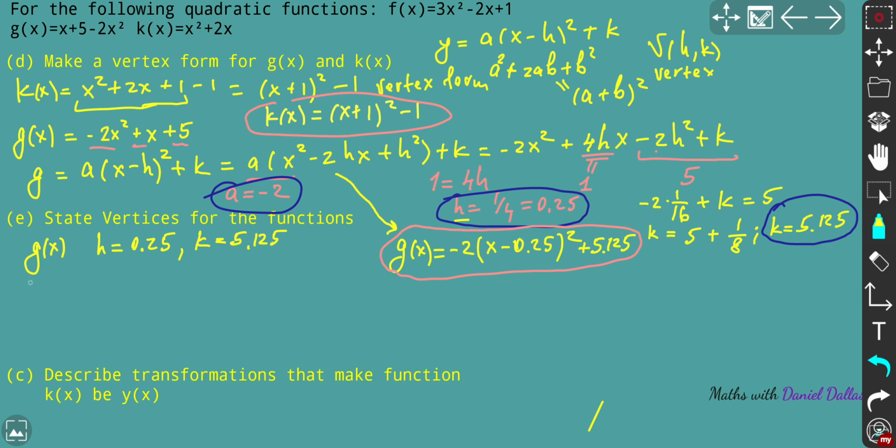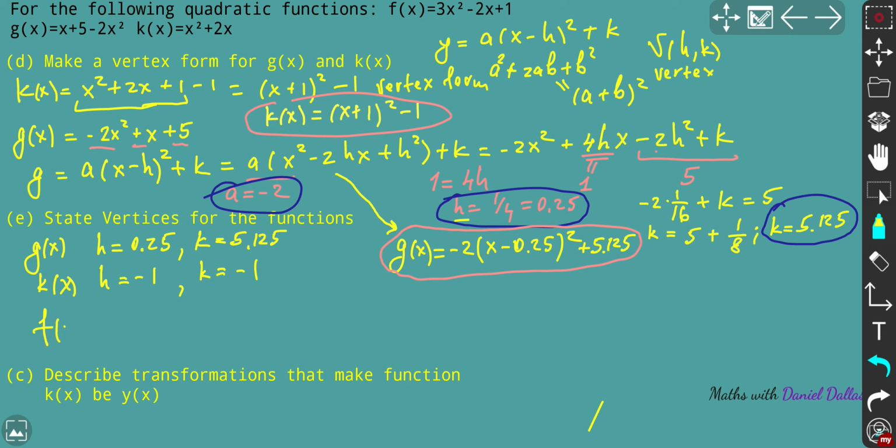For the function k of x, because it's plus 1, but in the formula, if we apply the vertex form, it's minus h, so h is negative 1, and the k value is negative 1 as well.